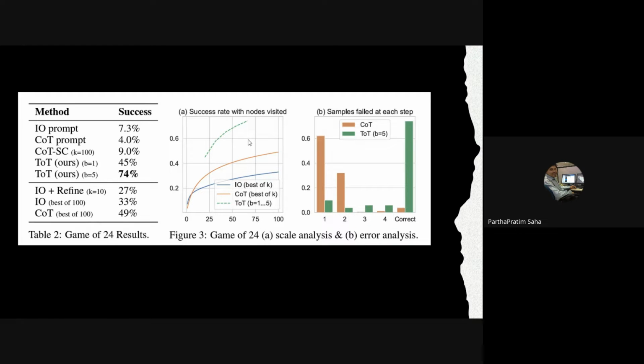So this B is the branching factor, ToT with B equals 1 to 5. It's the breadth, the branching. So how much is this different from decision tree building, like if I consider DFS, depth first? It's an ensemble technique, like Vivek already told.